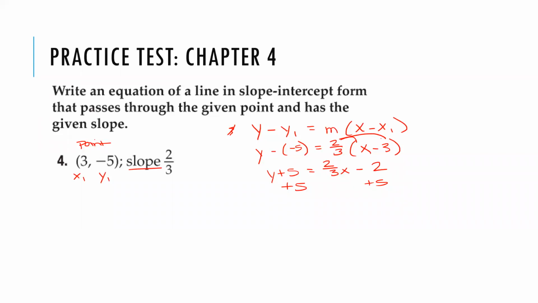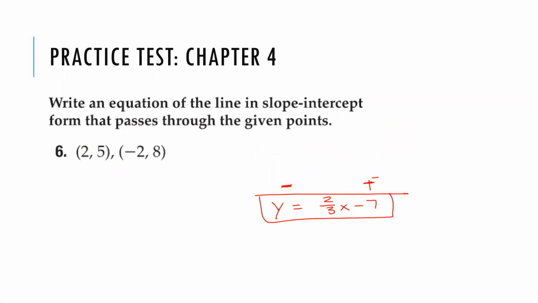So this would be y equals 2/3 x. Then you add the opposite, and that ends up being -7. Okay, and that is your equation.